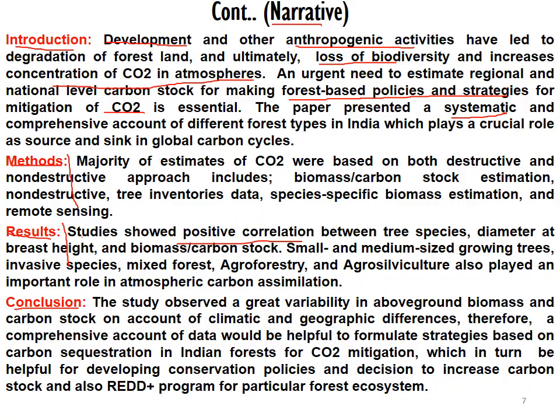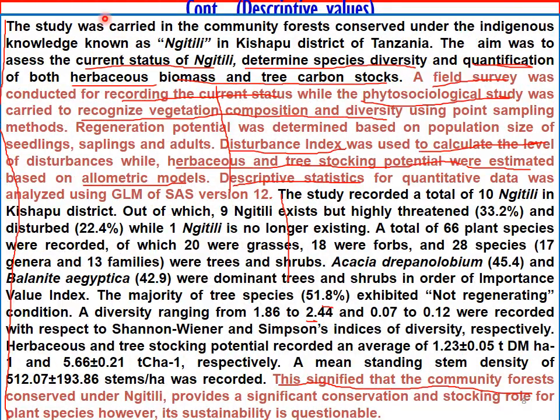What about the unstructured types? This is what we call the unstructured. You find this is a single paragraph. There is no heading. Introduction, methods, results, and conclusion are not indicated here. But when you read this information, you will get that from here to this particular point indicates the introduction section.